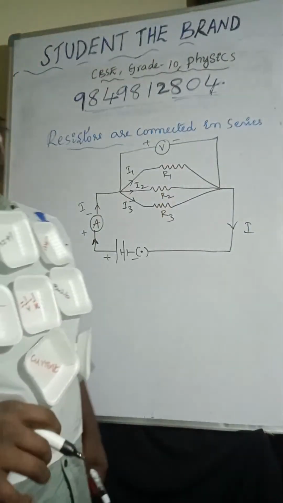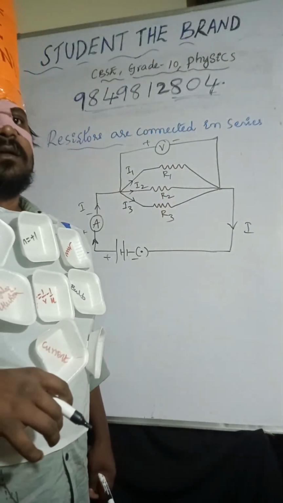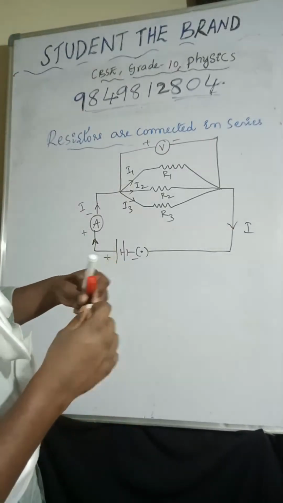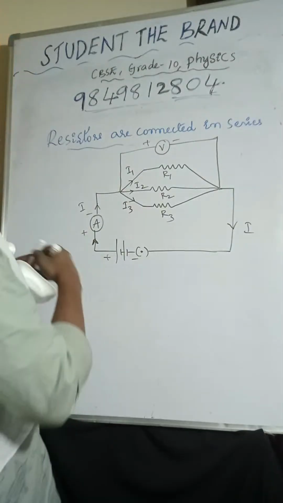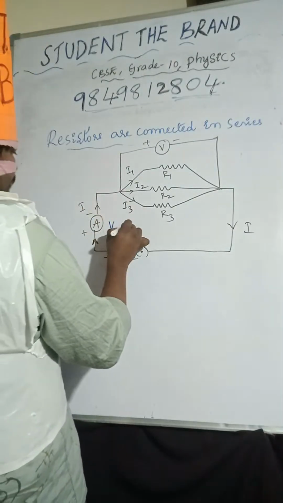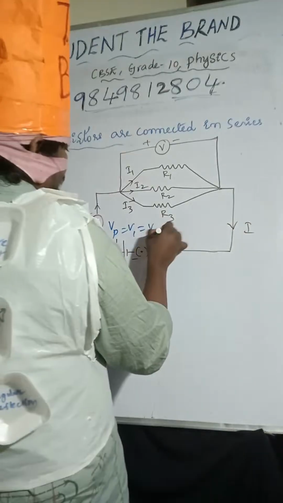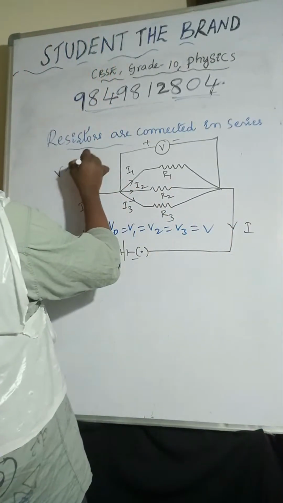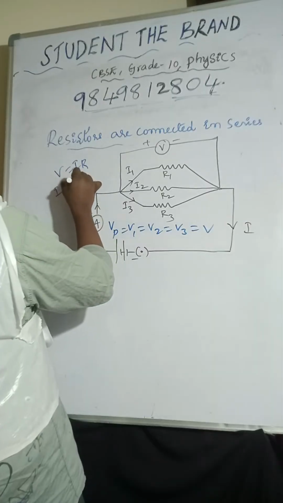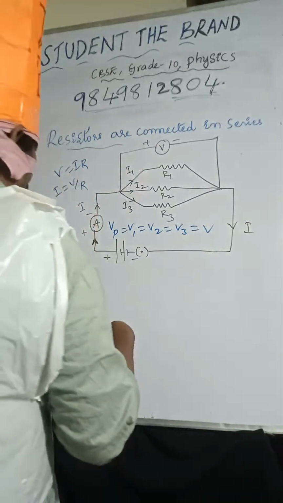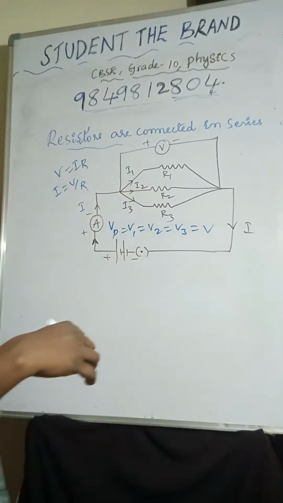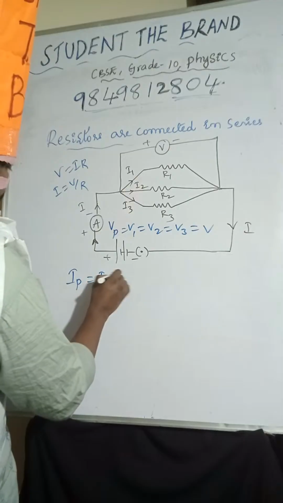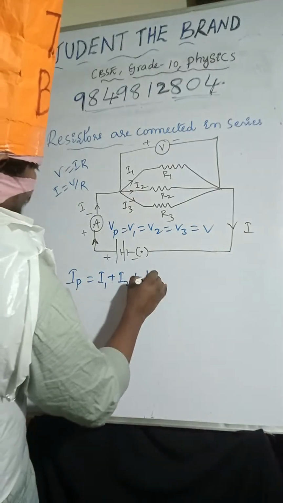Here you can observe the potential difference is the same, but the current divides into three parts. That is Vp equal to V1 equal to V2 equal to V3 equal to V. From Ohm's law, V equal to IR, so I equal to V by R. The overall current is Ip equal to I1 plus I2 plus I3.